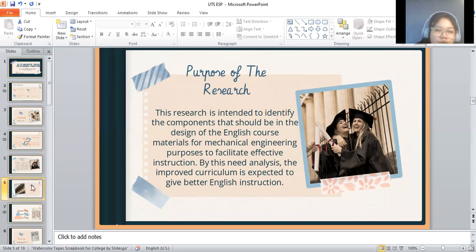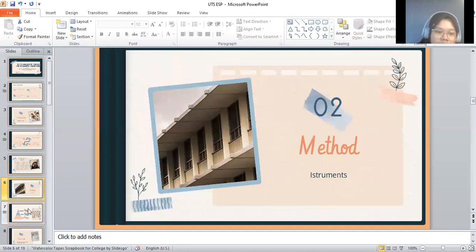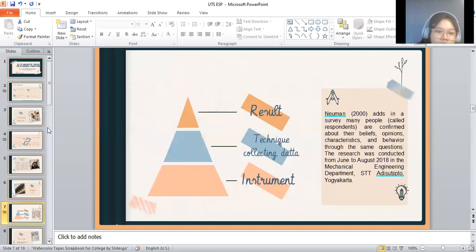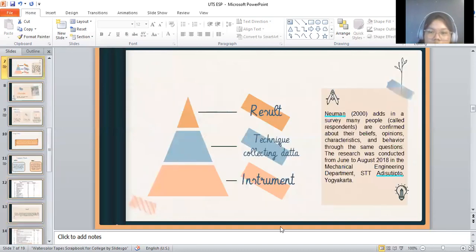Now we move to the method. In this research, I have instruments and techniques for collecting data, and after that we can conclude the result.